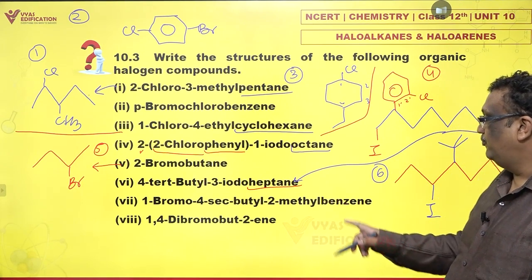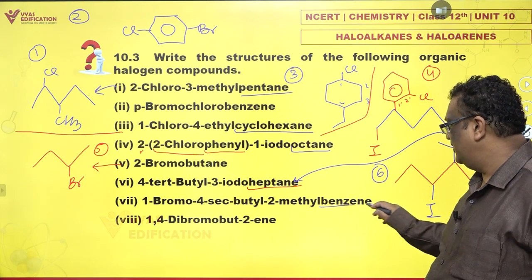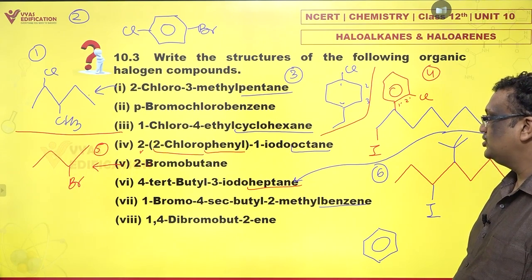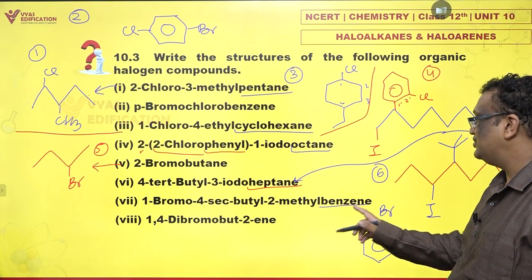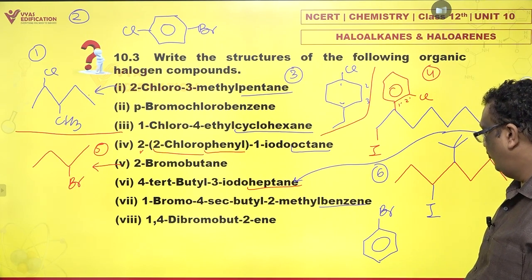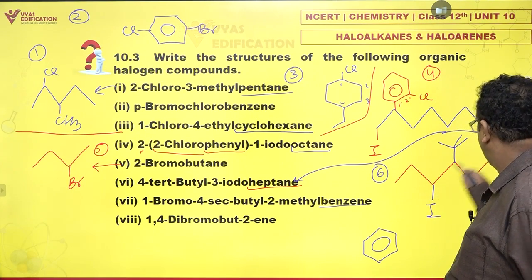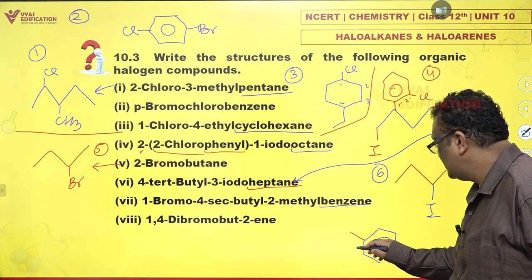Seventh, 1-bromo, 4-secondary butyl. Let's look at the parent chain, benzene. Benzene is the parent chain, yes. On this one, I have 1-bromo. 4-secondary butyl. On fourth location, I don't have much space down there, so I'll just change this bromo location. First, just let me say this is 4.